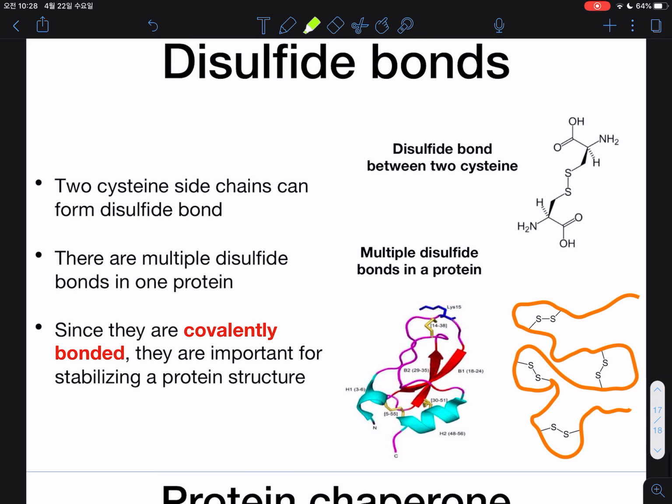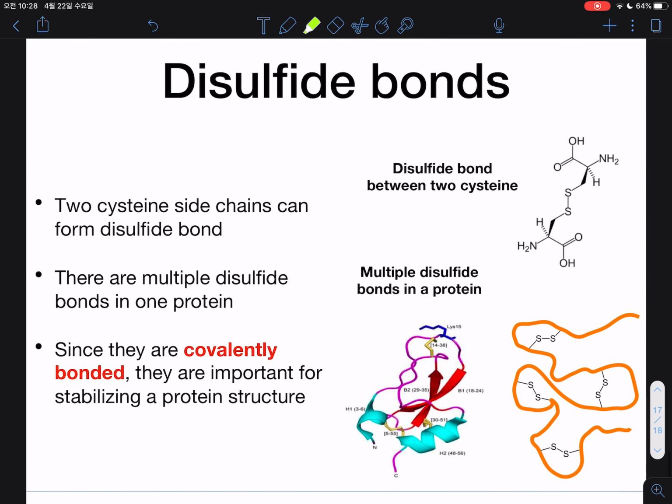And there is another factor that affects protein structure and its folding, called the disulfide bond. As you know, the disulfide bond is a bond between sulfurs, and S and S can form a covalent bond. There is only one amino acid which has sulfur in it, cysteine.